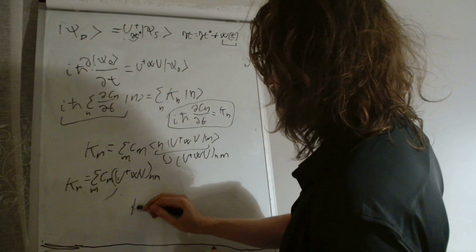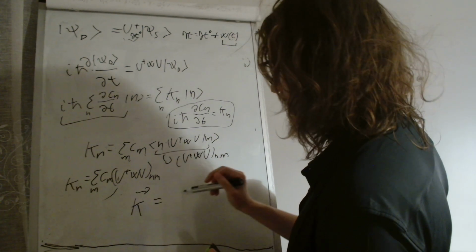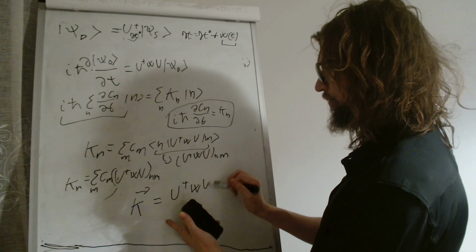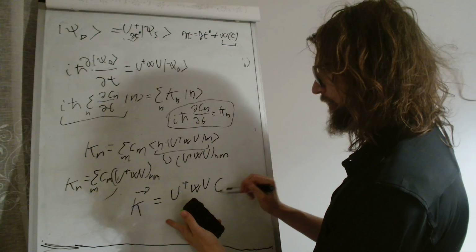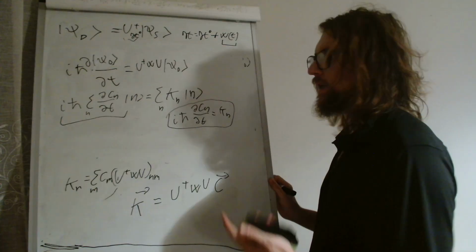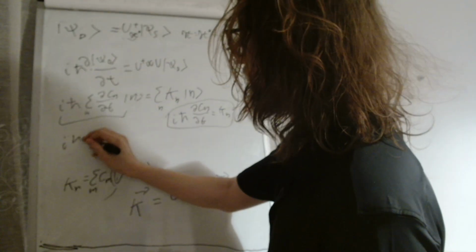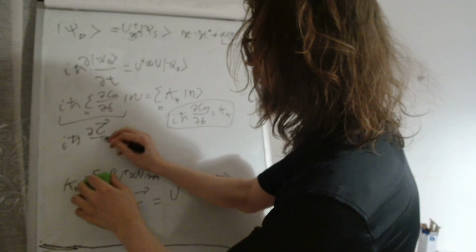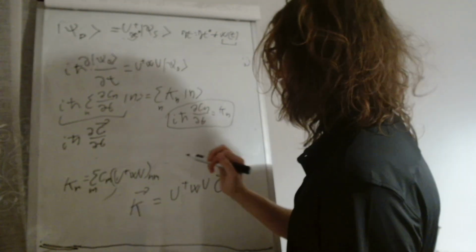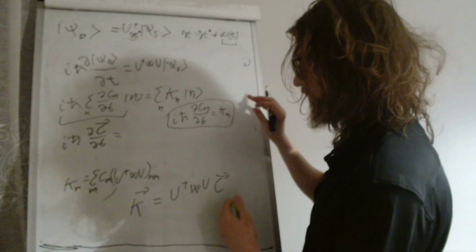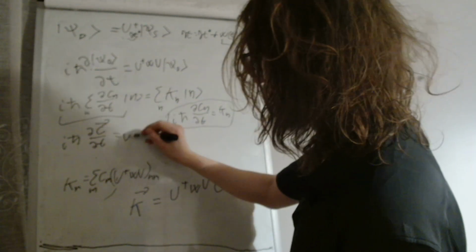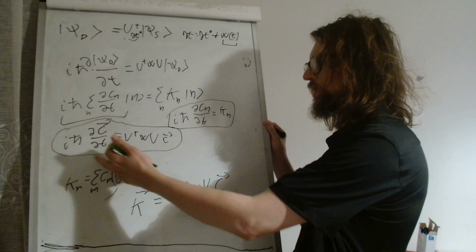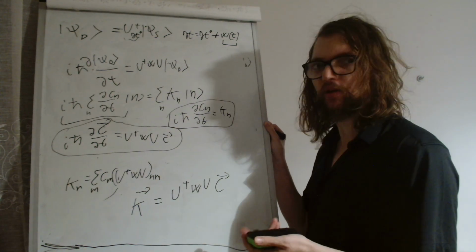So the vector K is the matrix U dagger W U times the vector C, and we can therefore write i h bar derivative of the vector C equals the vector K, which is U dagger W U times vector C. So this equation will give us the solution for the coefficients.